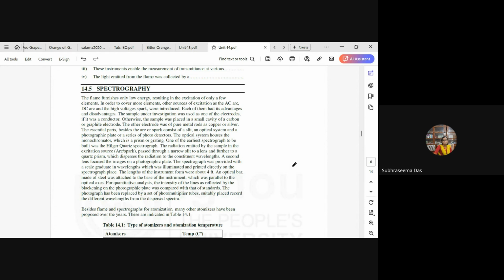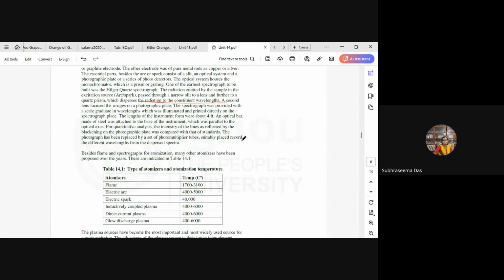The radiation emitted by the sample in the excitation source, that is the arc, passed through a narrow slit and was then dispersed into wavelengths. The spectrograph was provided with a scale graduated in wavelengths, illuminated and printed on the spectrograph plate. For quantitative analysis, the intensity of these lines, which appeared as black lines on the photographic plate, was compared with the standards.